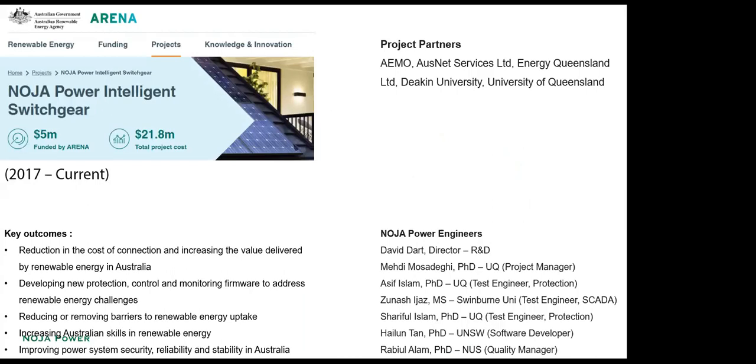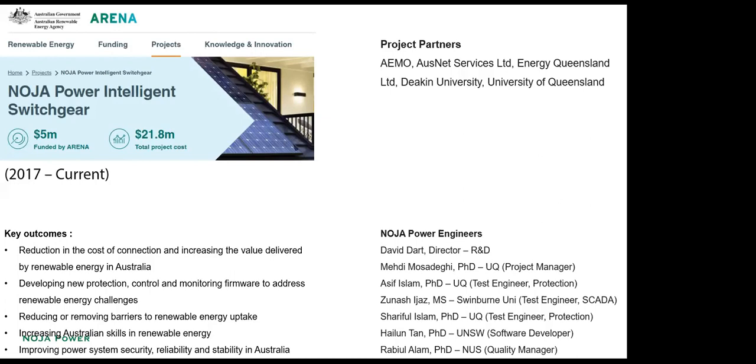And this is the last project I'm going to explain a bit about, because the topic we are going to discuss today comes from this project. It was a combined project between the Australian Renewable Energy Agency, ARENA, and Georgia Power.